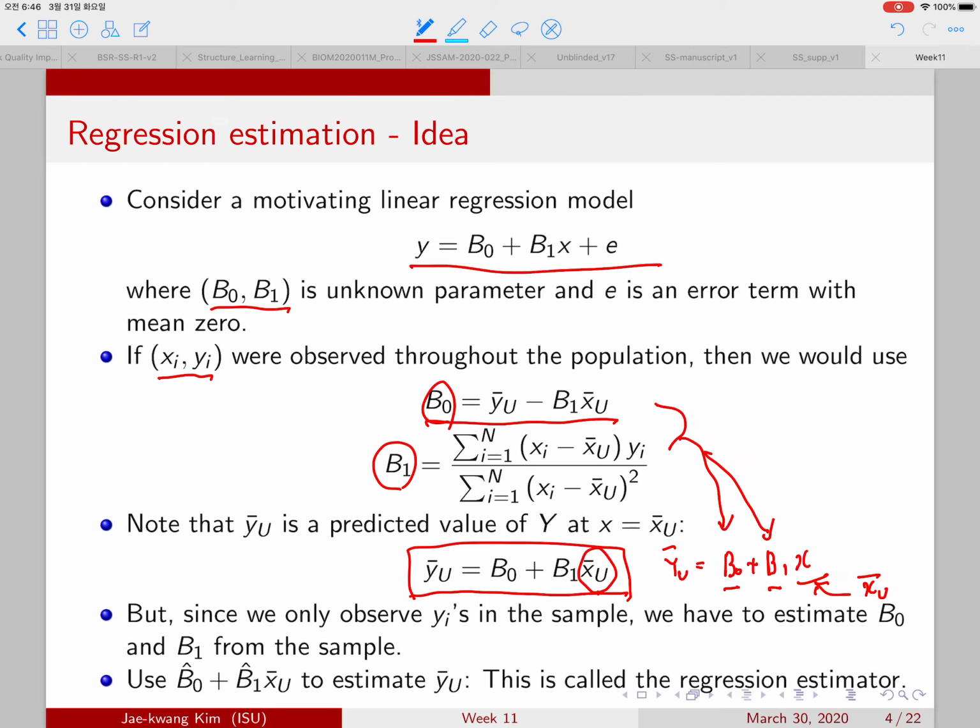But the problem is that we don't know B0 and B1 in practice, because we only observe y in the sample. So we can simply use the sample to estimate the regression coefficients, and then plug in the population mean of x. That is called the regression estimator.